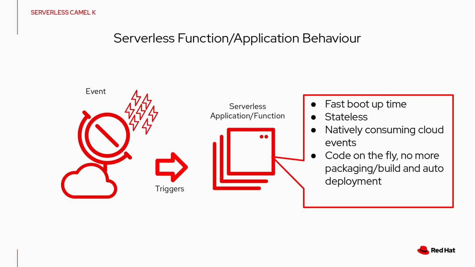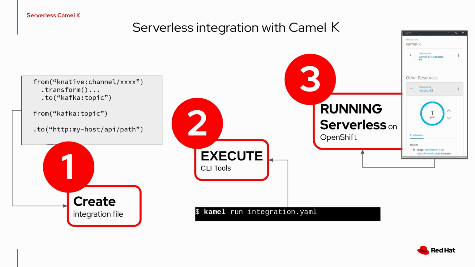We rely here on the scaling capabilities of the serverless platform, which can dynamically scale our services based on the real traffic generated to those services. Apache Camel also supports this new integration paradigm with a new subproject called Camel K.